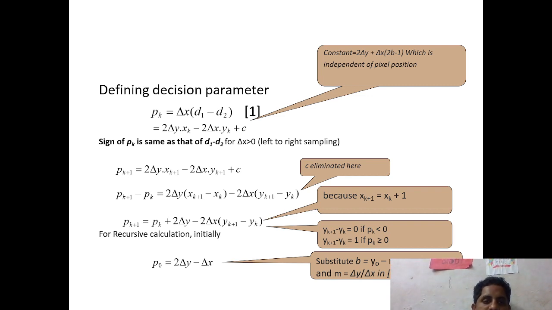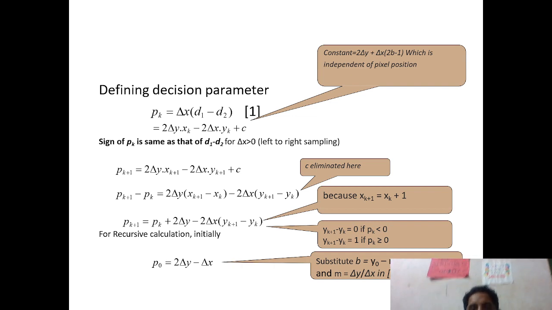The sign of pk is the same as that of d1 minus d2 for delta x greater than 0. So pk plus 1 equals 2 delta y into xk plus 1 minus 2 delta x into yk plus 1 plus c. Then pk plus 1 minus pk equals 2 delta y of xk plus 1 minus xk minus 2 delta x of yk plus 1 minus yk. Then pk plus 1 equals pk plus 2 delta y minus 2 delta x of yk plus 1 minus yk.